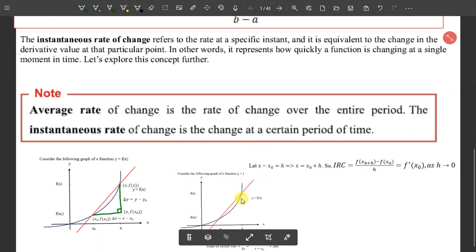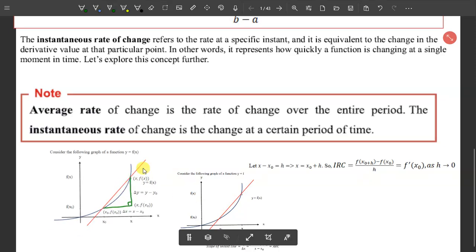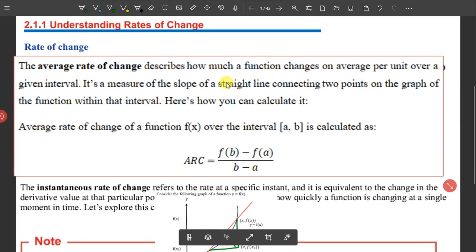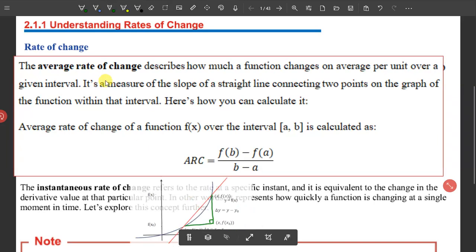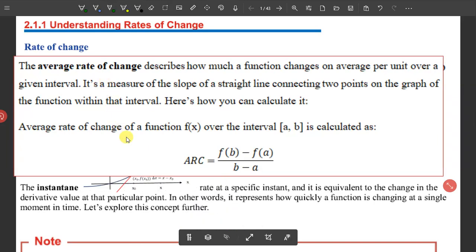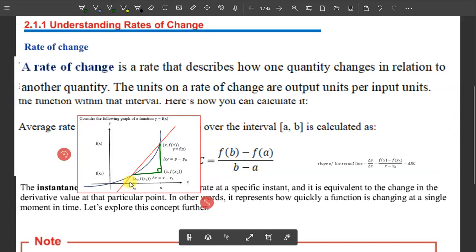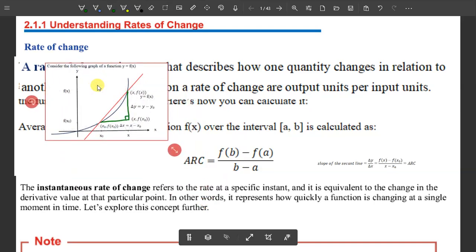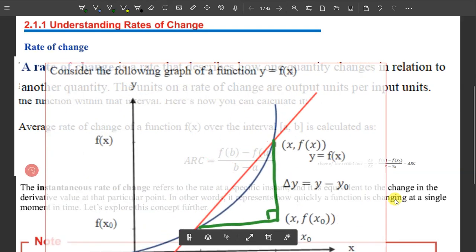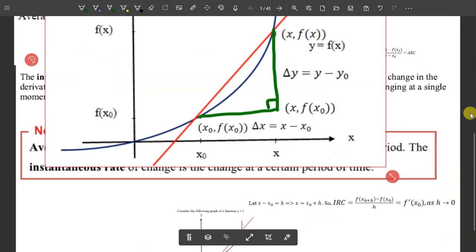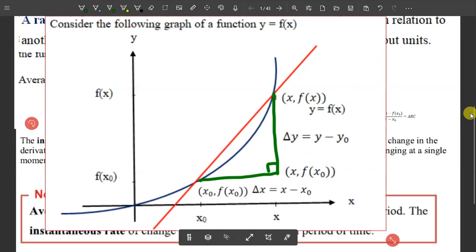Here I have the graph of a certain function. Let us consider the graph of y equals f of x. This blue curve is the graph of y equals f of x.